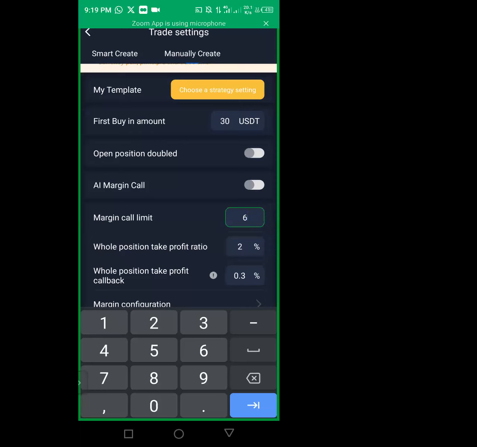Okay. So you know how we got the margin call limit. It works on our capital after removing the first buy amount, which is the money the robot will use to start the trade.